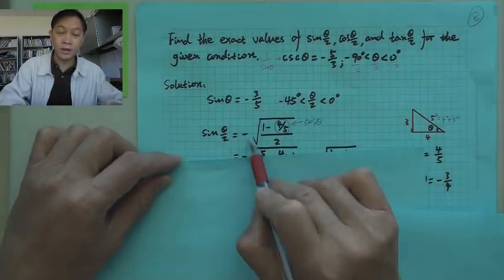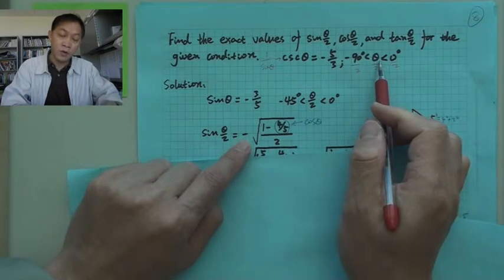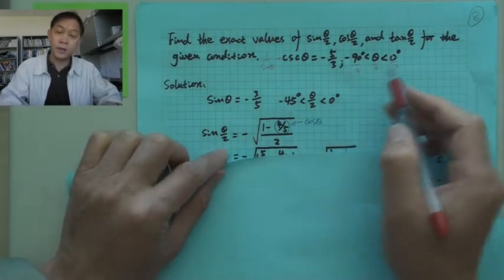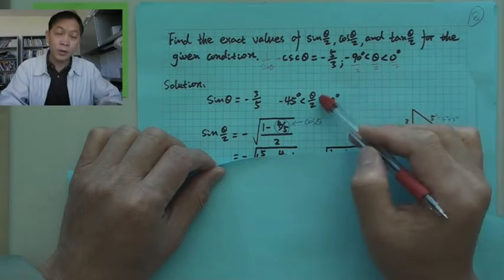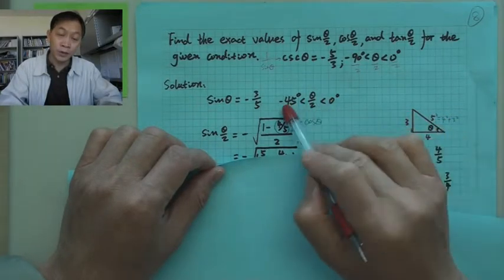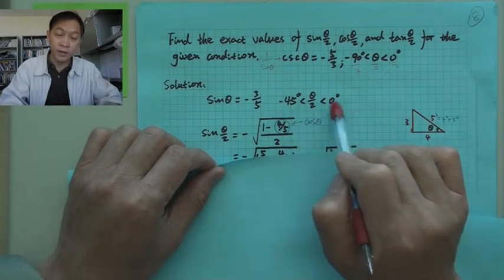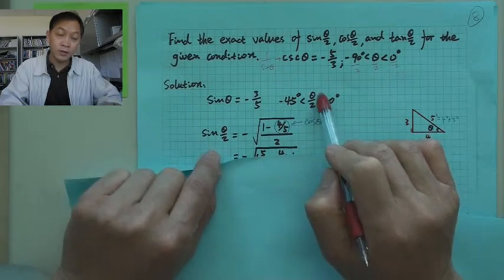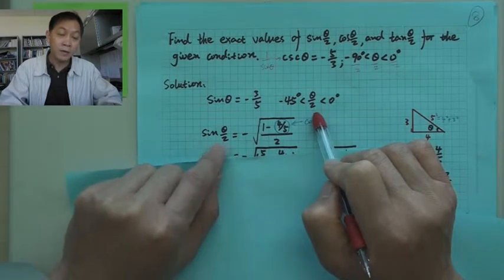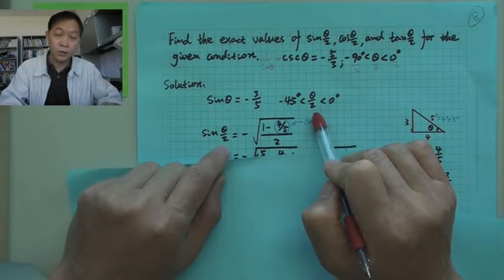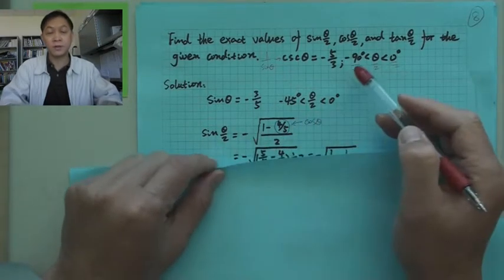Negative is because we are in the fourth quadrant: theta over 2 is greater than negative 45 and less than 0. That's the fourth quadrant for theta over 2, and sine of a fourth quadrant angle has to be negative, so you choose negative.